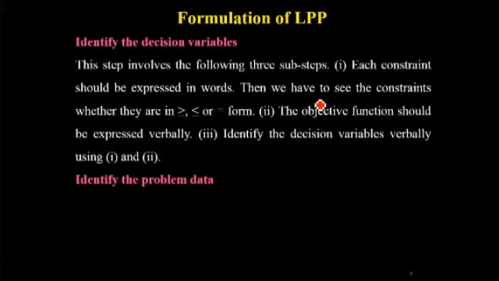Next is identifying the problem data. For each situation or system we are investigating, we will first find out some decision variables. For example, if I take a transportation problem, you are going from one place to another place, then what are the things needed?